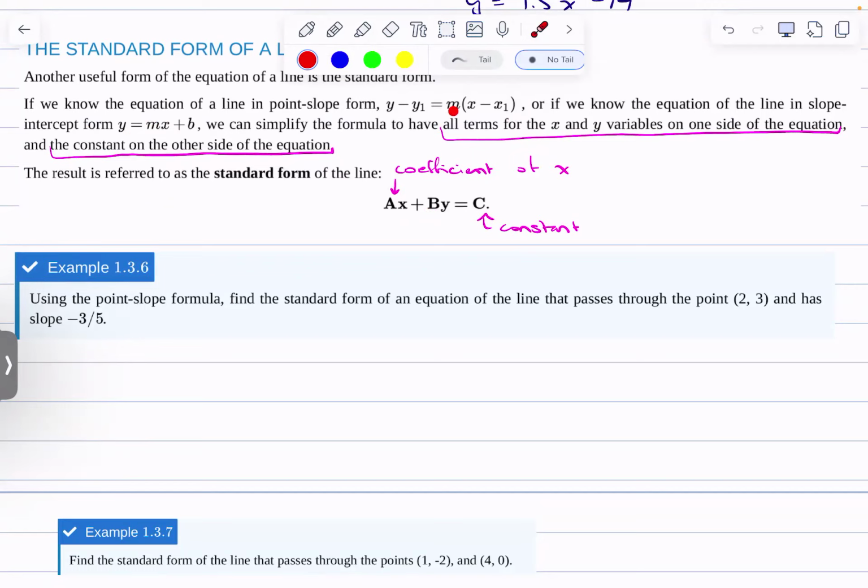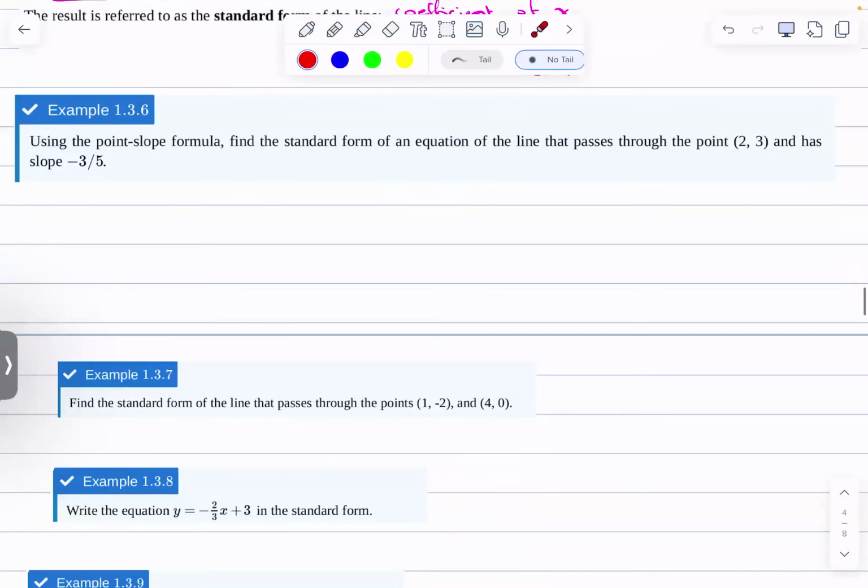Or the point slope form is a little bit more involved. You'd have to expand your m into your brackets, x minus x1, and then rearrange.